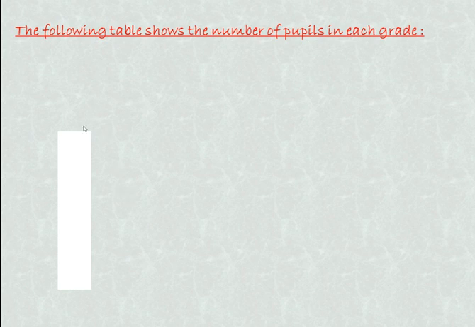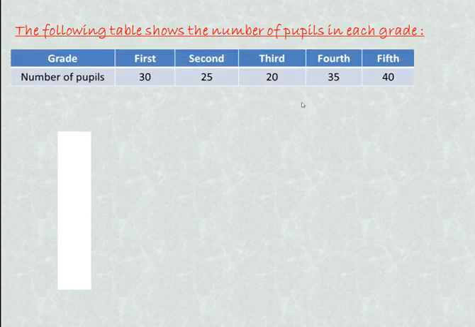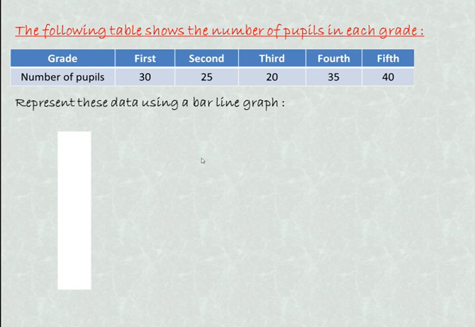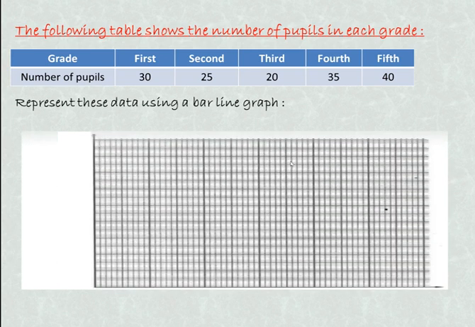The following table shows the number of pupils in each grade: first, second, third, fourth and fifth. The number of pupils: first 30, second 25, third 20, fourth 35, and fifth 40. At first, draw it out using graph paper.